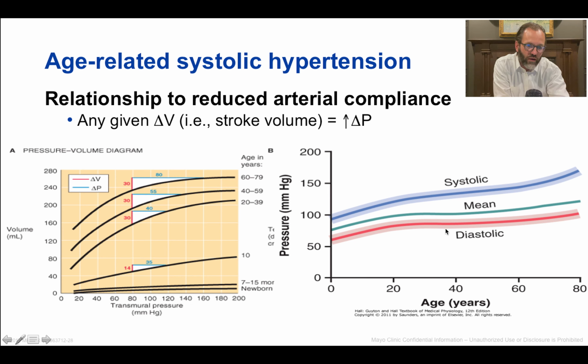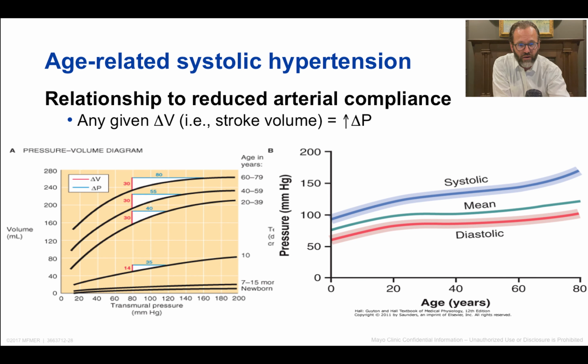From 20 to 40, you start to level out here pretty significantly. 40 to 60, for many individuals, certainly diastolic pressures don't necessarily change substantively, but systolic pressures start to creep up a little bit here. And then as you go over 60, you start to see this more significant drift up, which is consistent with greater stiffening of the central vessels, and pumping of a given volume of blood into a more stiff vessel will result in a larger deflection in systolic blood pressure.